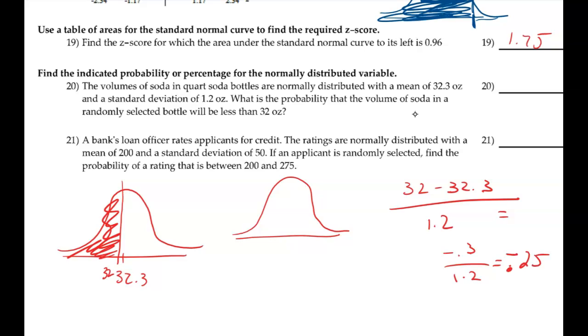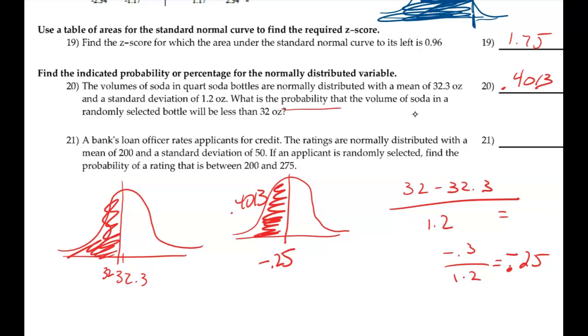Okay, that is this number standardized. I still need the area. You've got to go to your chart for that. The area to the left of negative 0.25 is going to be really close to 0.5, but not quite. It's 0.4013. Okay, they're not asking for a percent, so keep it as a probability.